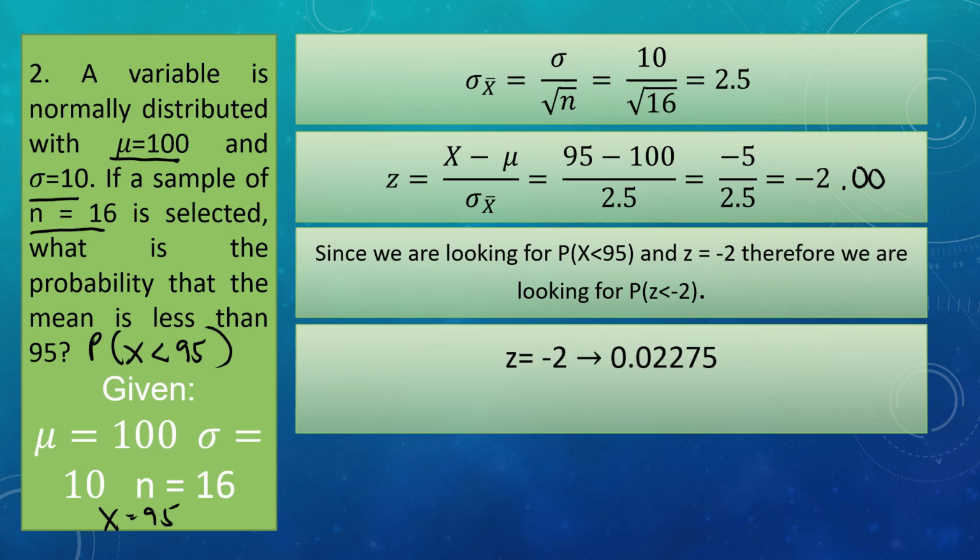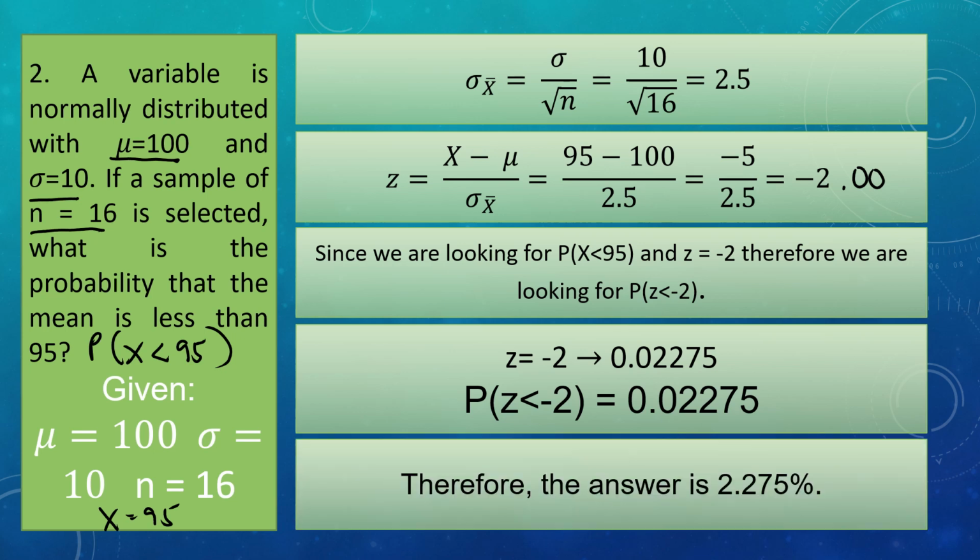The area that corresponds to Z equals negative 2.00 is 0.02275. Since we're dealing with less than, that is as is. So P of Z less than negative 2 is simply 0.02275. Now, we need to transform the decimal form into a percentage. Therefore, the answer is 2.275%.